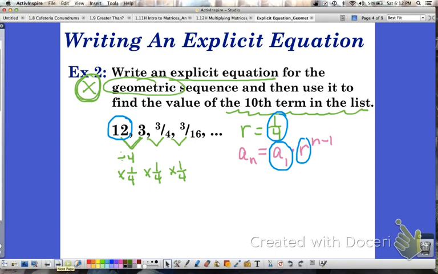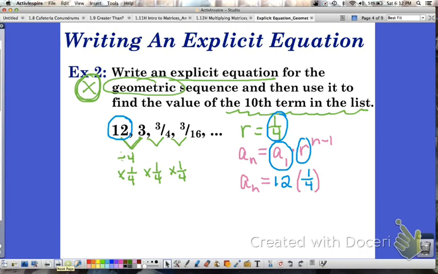Those are the only two things I'm going to substitute right now. So my equation should be a sub n is equal to the first number in my list, 12. And then I'm multiplying, but like I said a minute ago, I like to use parentheses. And in the parentheses goes my common ratio, which is 1/4.